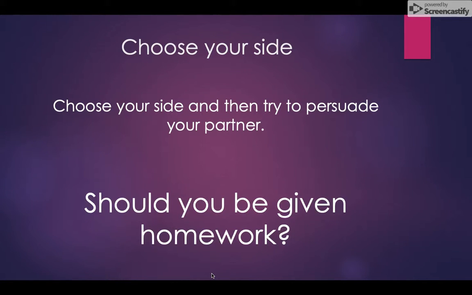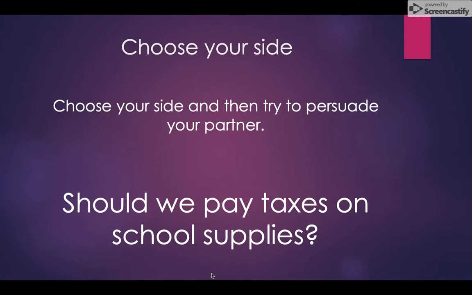So let's practice a little. You're going to be talking to your partner and you're going to choose your side on the different scenarios. And then you're going to try to persuade your partner. First scenario, should you be given homework? Talk to your partner. Excellent. I heard some great pros and cons for homework provided by the school. Let's try again.